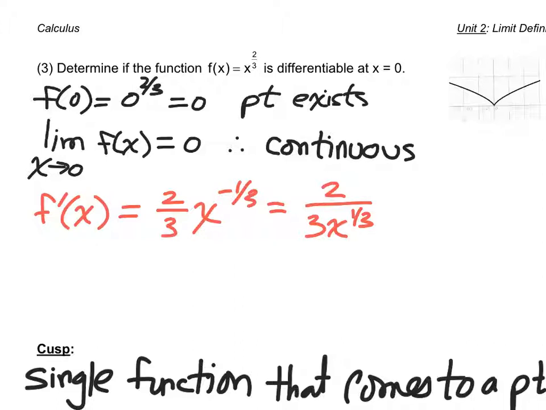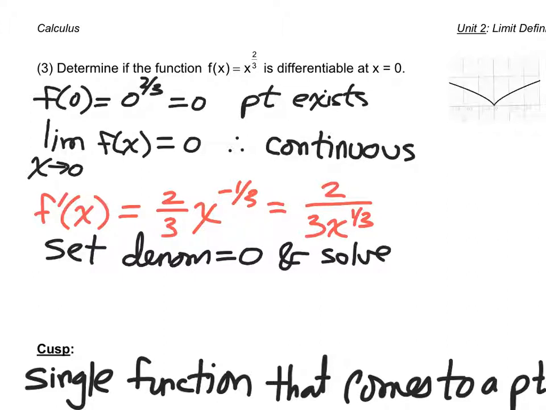So I'm going to find that instance: set my denominator equal to 0 and solve. So 3x to the 1/3 equals 0, and that makes x equal to 0. So it's undefined at x equals 0.